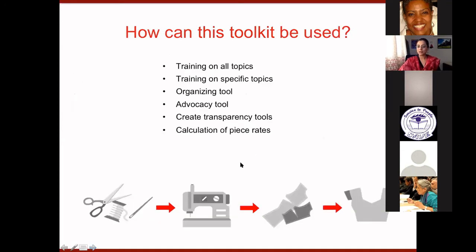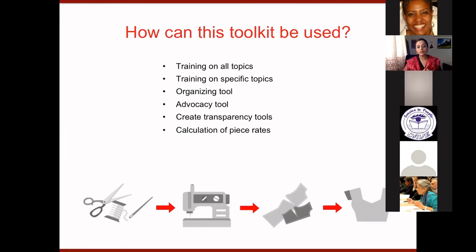The second question we wanted to answer was, how can this toolkit be used? We have almost a 100-page toolkit. You can use it to have training on various topics that it has, but you can also just use a few chapters out of it and conduct training, say, for example, on violence in supply chains. You could just use that particular chapter and have training specifically for that. Shabnam also touched upon it, that it is used as an organizing tool. When trade unions organize and recruit members, it has become an important organizing tool for them.